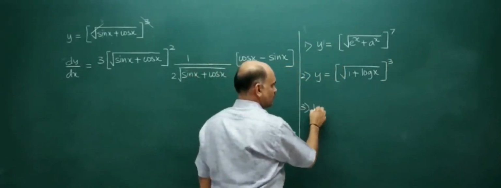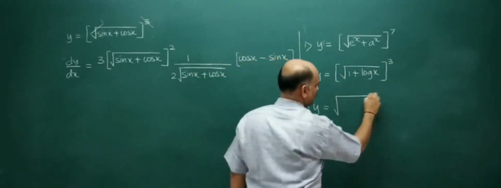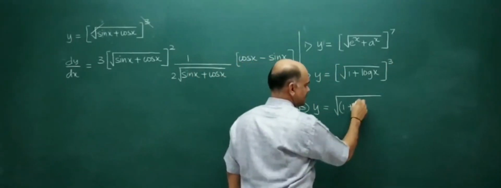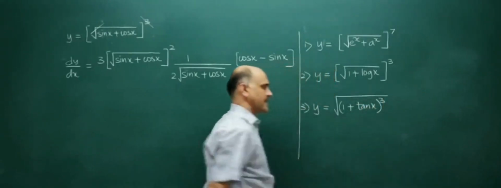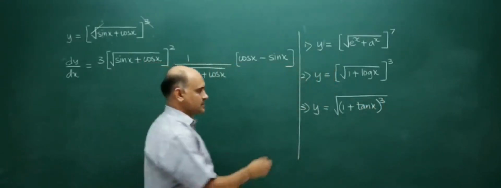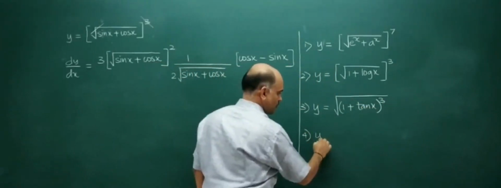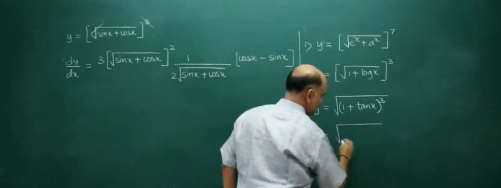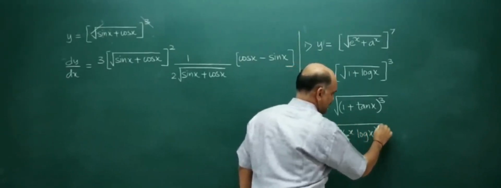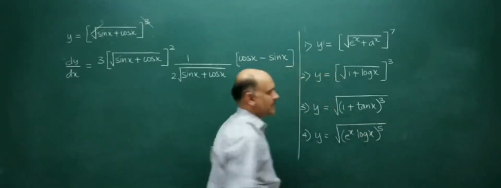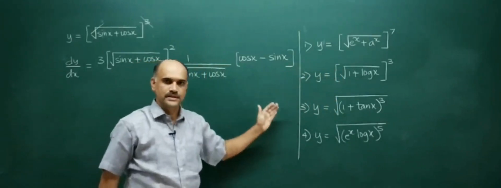Third, y is equal to root of 1 plus tan x, bracket cube. Similarly, y is equal to root of e raised to x log x, bracket raised to 5. You can try on your own these problems.